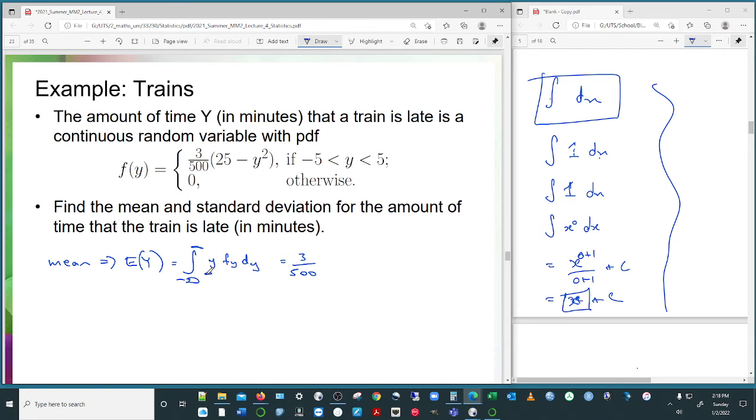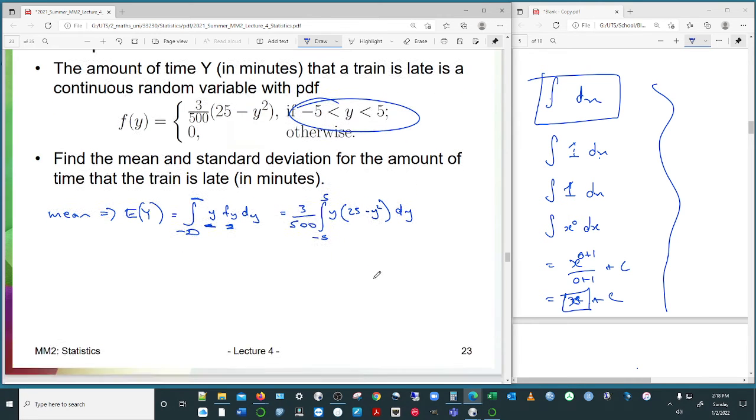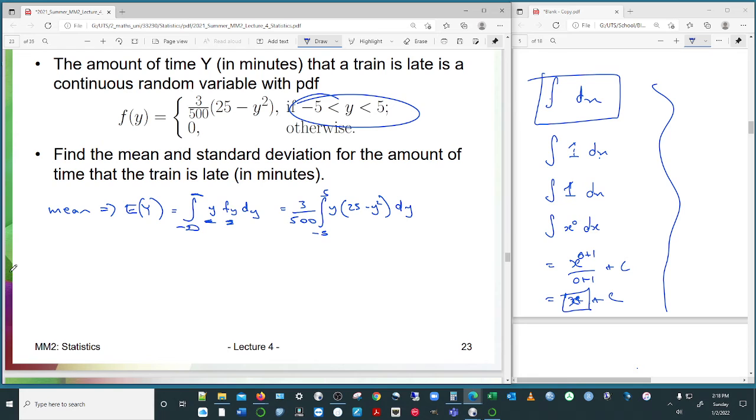y, this one, times, I should put the integral in there, from minus 5 to 5, we're given that here. And our f of y is our function from our definition up there, a piecewise definition. Okay, so our piecewise definition's given us this function. So that's a very, very straightforward integral. You can do the expansion to make it easier for yourself.